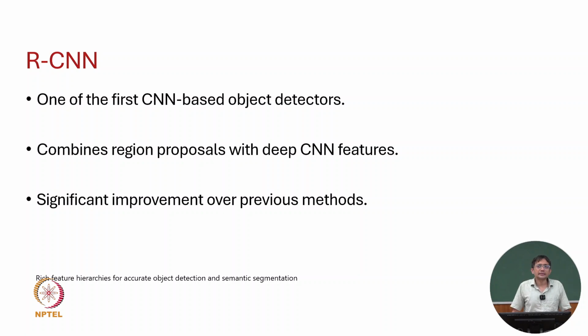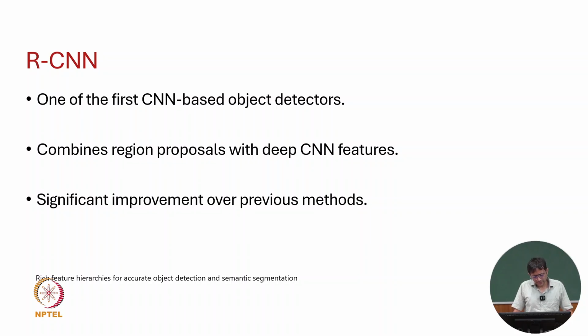So with this, we are now almost ready. Some background may still be needed, but we are almost ready to talk about RCNN, which is one of the first CNN-based object detectors. It combines region proposals with deep CNN features.